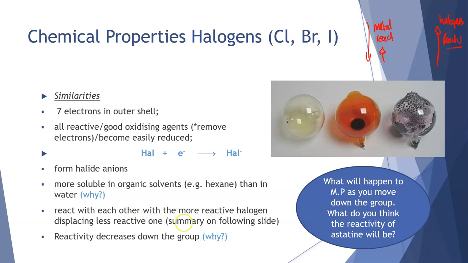So with this, they will react with each other, displacing in similar ways to metal displacement reactions, but reactivity increases down the group because we are going to be having the same core charge, and that will be reducing the attraction of the electrons to the nucleus as we get further away, and we also decrease our electronegativity. So remembering that in order for nonmetals to react, they need to attract electrons, so lower electronegativities will result in lower reactivities.